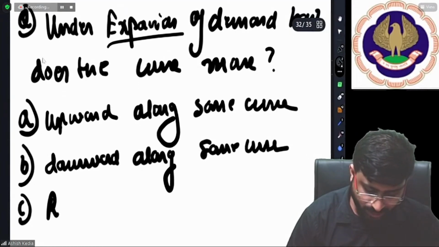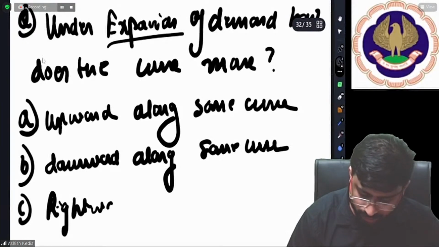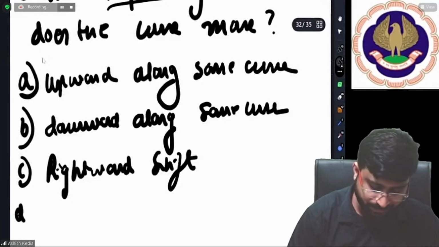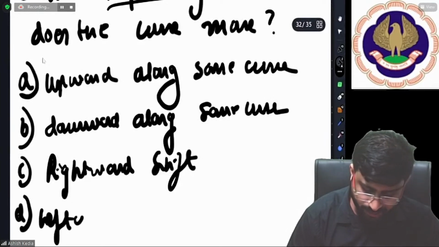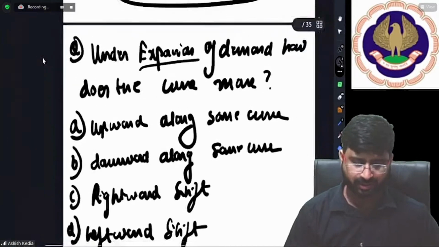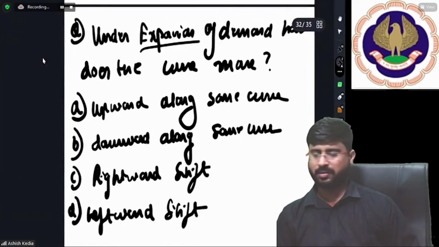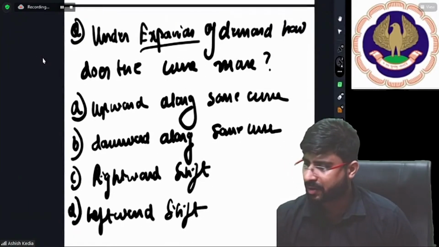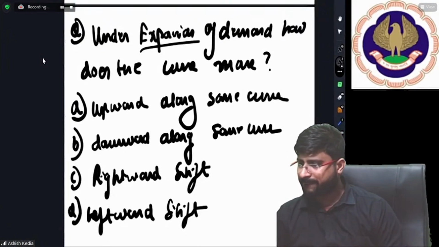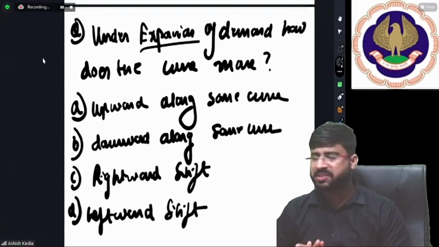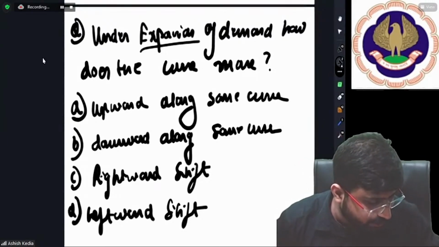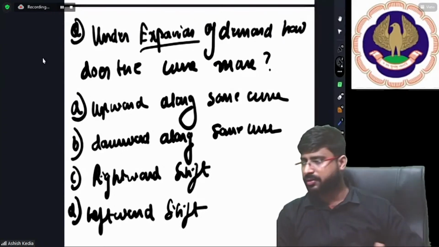C, rightward shift. D, leftward shift. What do you say, friends, is the answer? A, B, C or D? I need the correct option number. Come on, friends.